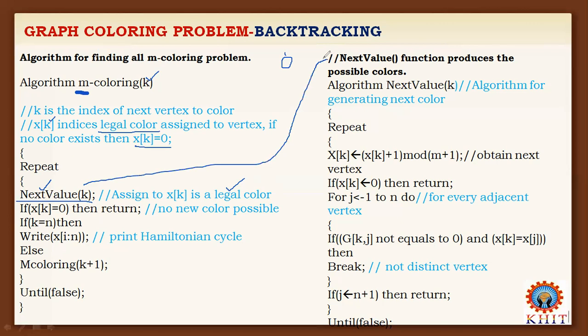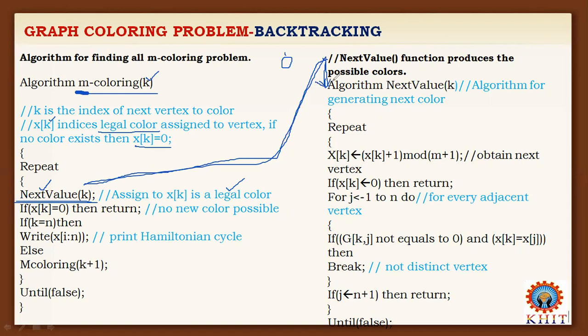So this is the linked algorithm. I have used the function next value of k in the M coloring algorithm. That's why when this statement or function is executed, control moves directly here, and this algorithm is executed.